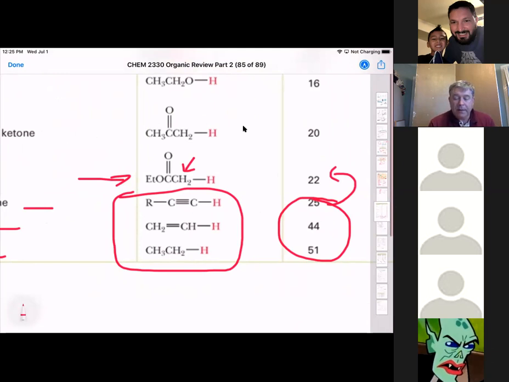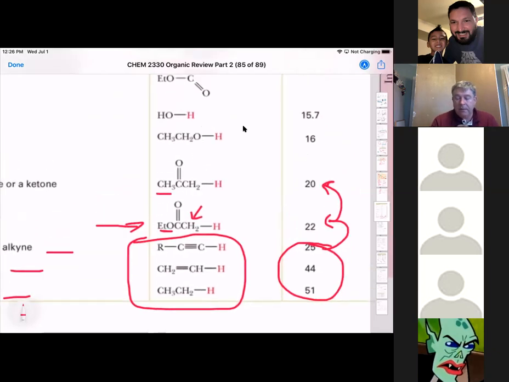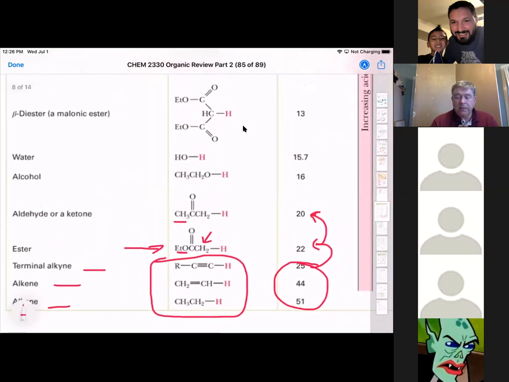Now, if we take away this electron donating oxygen and add a carbon to it, our acidity increases again, okay? So that's how our acidity is increasing with the increasing effect of that carbonyl carbon's partially positive charge.